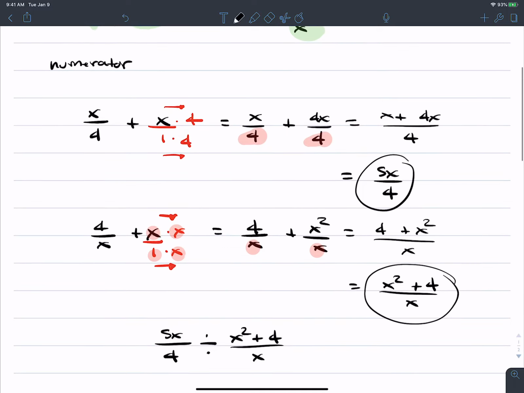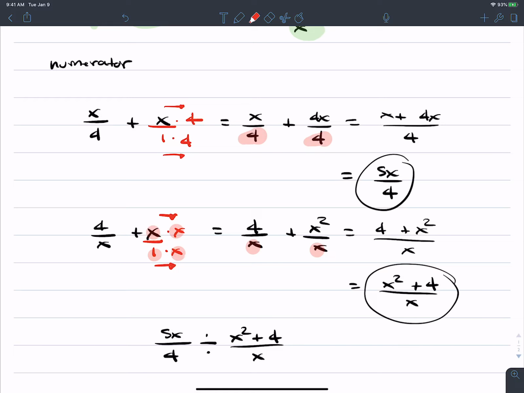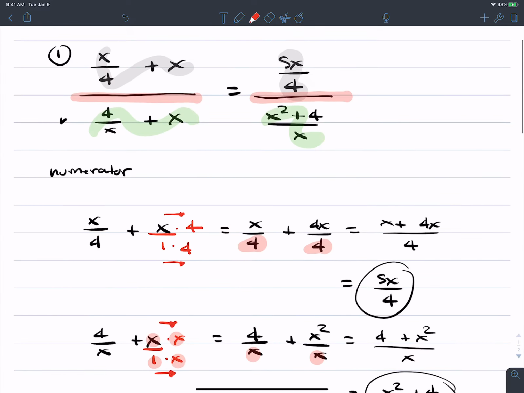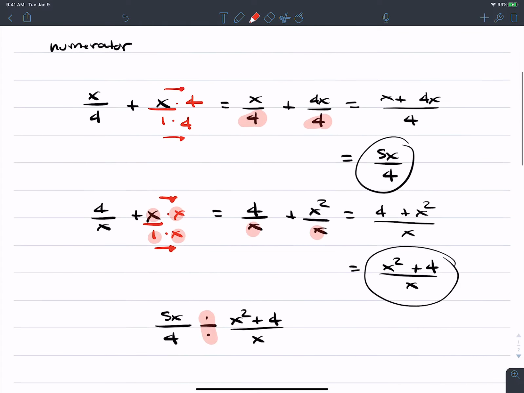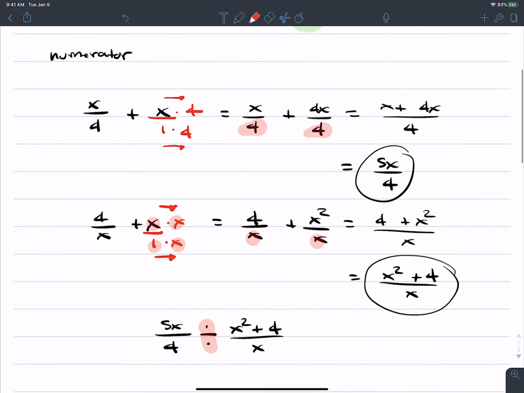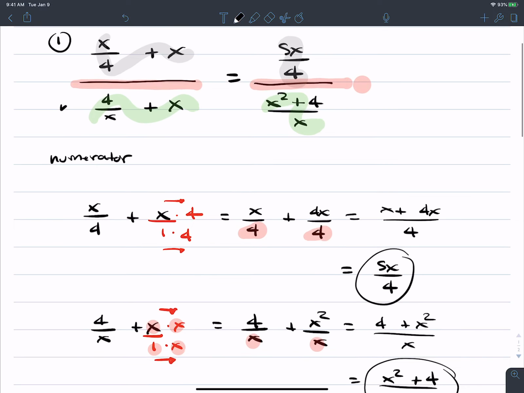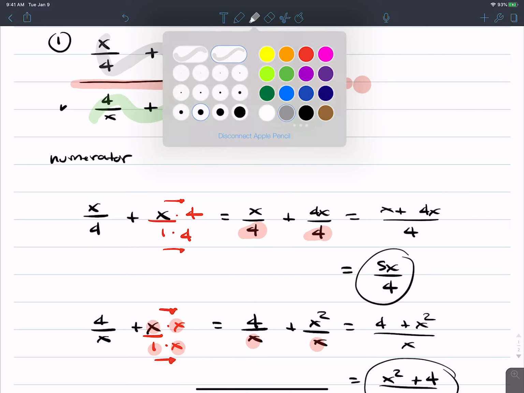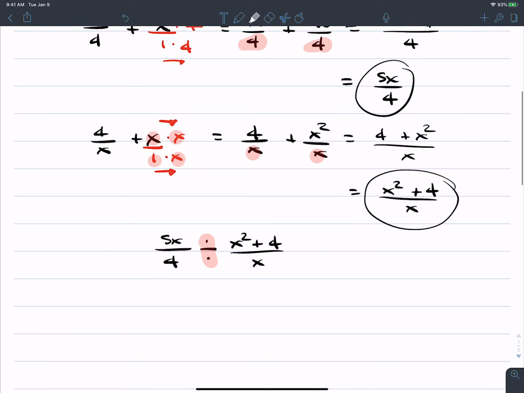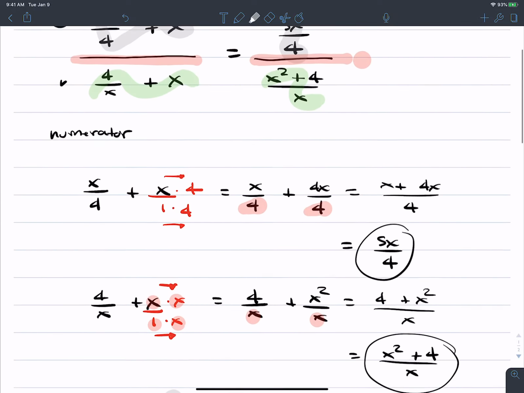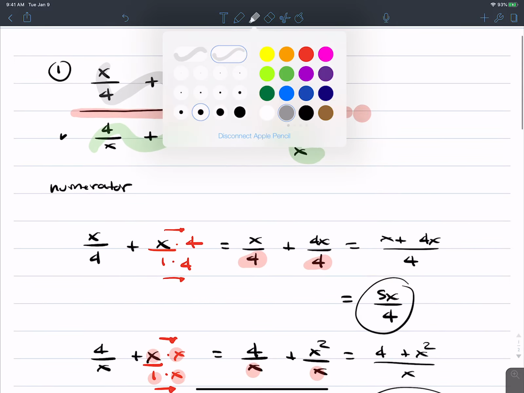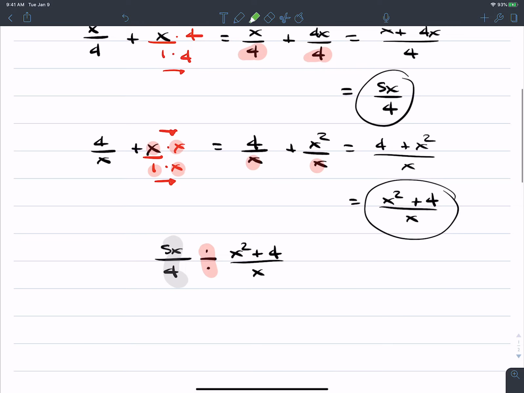So what I want to point out here is I wrote this division, which is the same as the division we have over here. The first fraction we have is vertical, up and down. The second fraction, we wrote this horizontally, left and right. So you're going to see that my 5x over 4 is still here. And you have the x squared plus 4 divided by x over here.